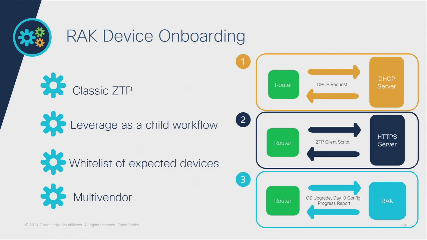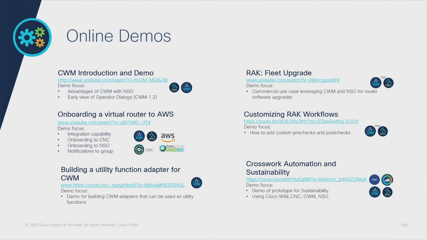Okay, so where can you learn a little bit more about both CWM and RAC? So CWM, if you were in Stockholm this past May, you would have seen both the CWM introduction and demo and the RAC fleet upgrade demo, which I have on the top row there.